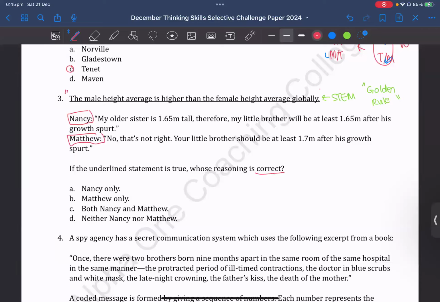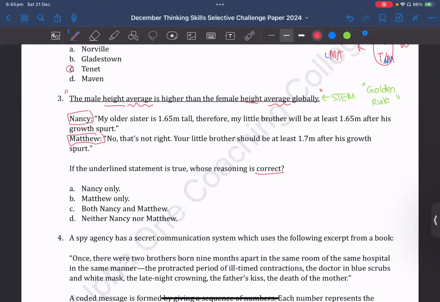So this is our little rule which Nancy and Matthew have made their own opinions about. They could be right, they could be wrong. So here, I'm keeping note that they're talking about height and they're talking about something called average. Now, just a quick math lesson: the average is taking the total divided by the number of different objects that you have.